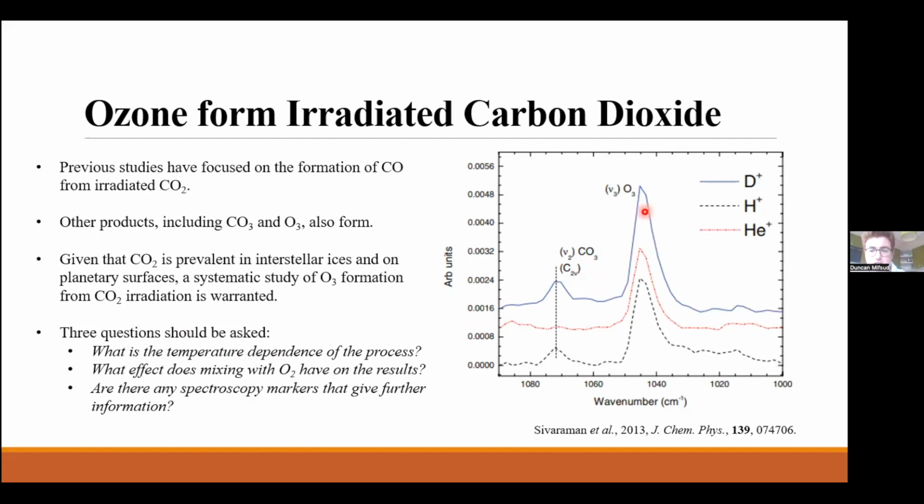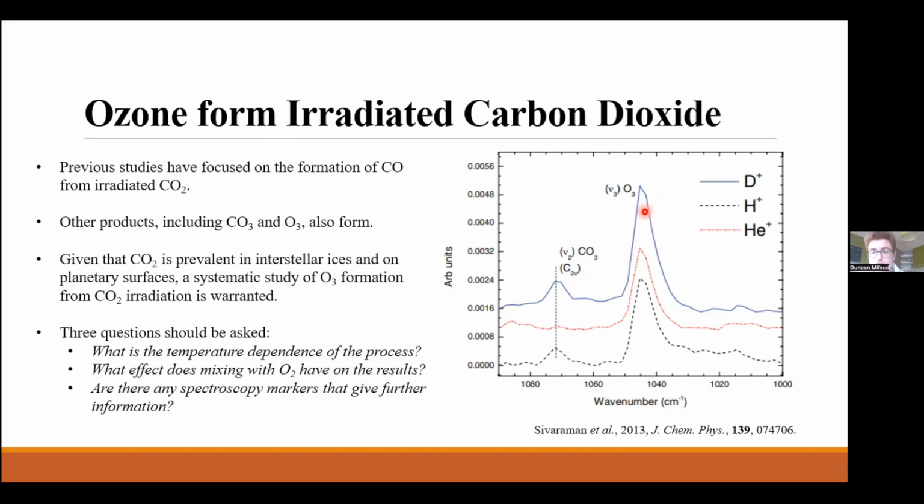Now, this raises an interesting point because carbon dioxide is one of the most prevalent ices in the cosmos. And so we have to ask, is the irradiation of CO2, either in the interstellar medium or on icy moons, a reasonable mechanism by which we can generate ozone ice in these icy astrophysical environments?